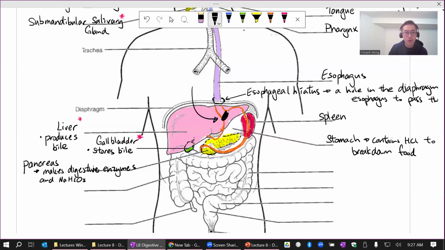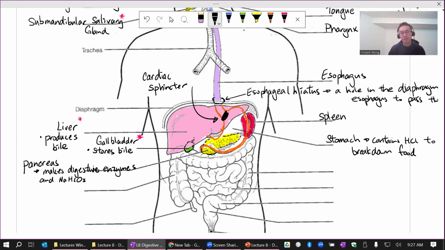Okay. This is called the cardiac sphincter. It keeps the stuff in the stomach. Of course, if a person needs to vomit, then it forces its way through the sphincter and it comes out anyway, right? But normally it keeps the stuff in the stomach.